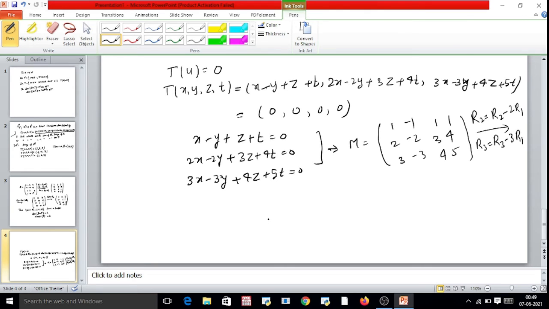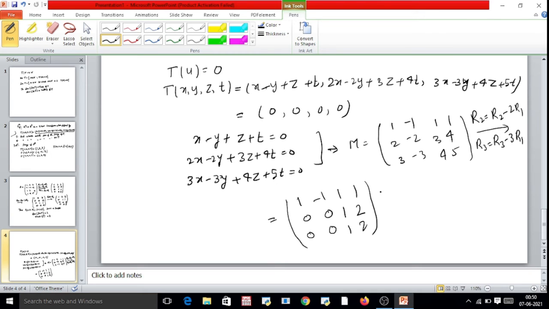So from there we get 1 -1 1 1, and for row 2, 2 minus 2 is 0, -2 plus 2 is 0, 3 minus 2 is 1, 4 minus 2 is 2. And then for row 3, 3 minus 3 is 0, -3 plus 3 is 0, 4 minus 3 is 1, and 5 minus 3 is 2.